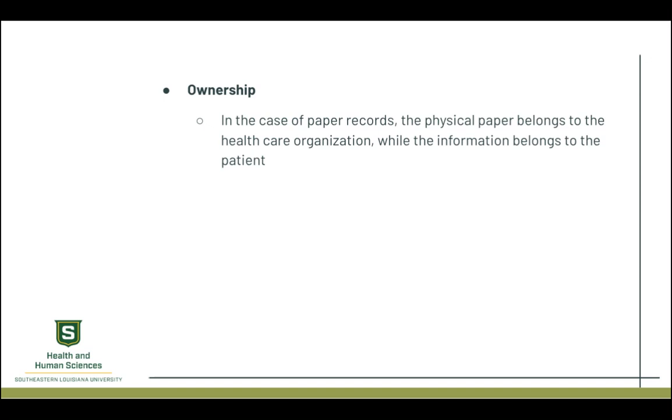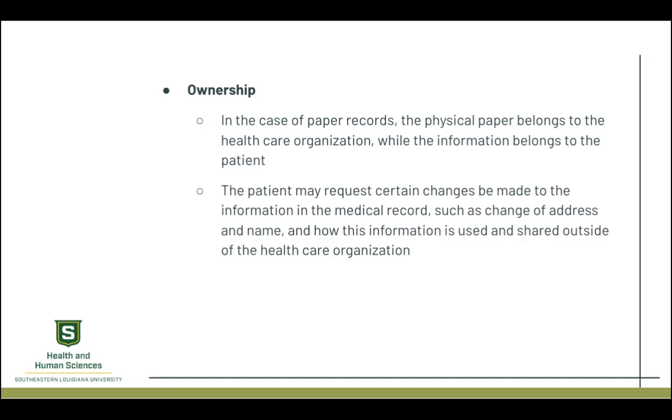So they have ownership of the paper. But a patient can request changes to be made to the information in their record, and they have the right to make those changes. But the organization owns the medium.